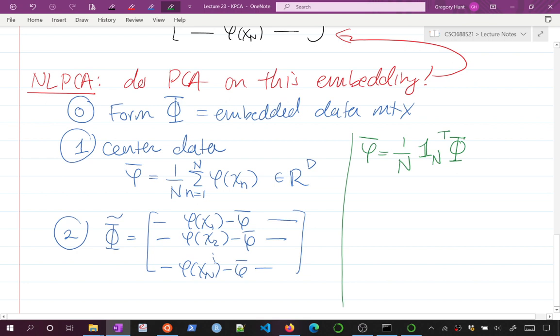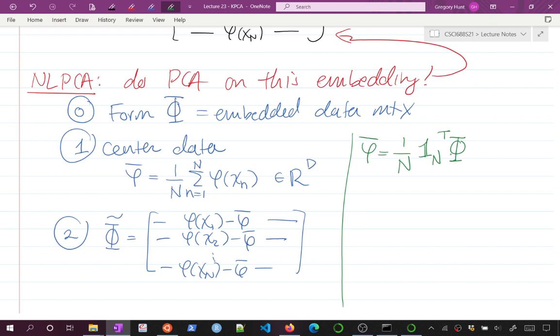If you think about what's going on, we take the first column of phi, take the inner product with a bunch of ones, which sums up that first column and divides by n. That would be the first element of phi bar. The second column of phi, sum it up, divide by n, would be the second element of phi bar. So this correctly calculates the mean, a vector of the mean of each of the columns of phi.